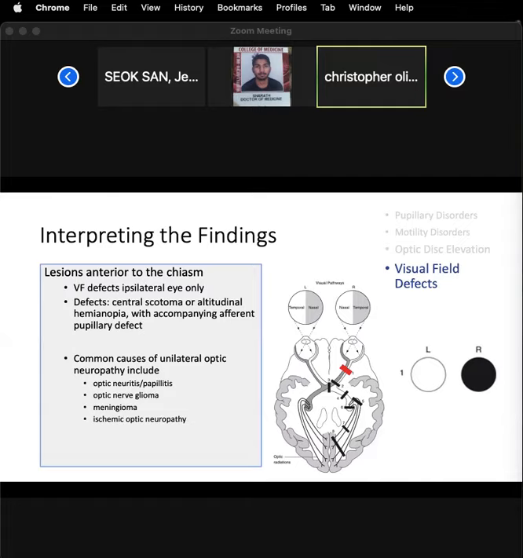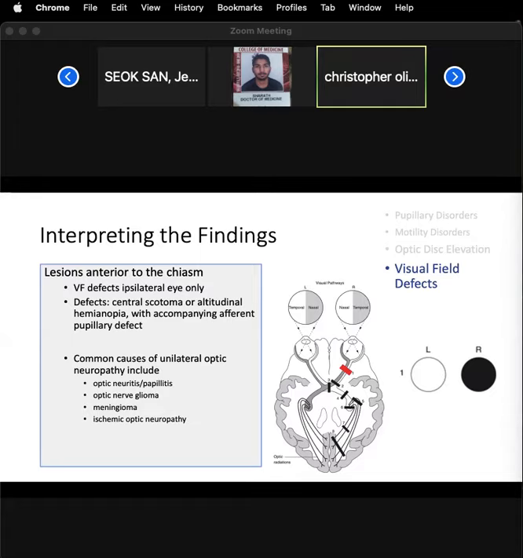So the patient will come in and say, I have blurring of vision. I have a problem with my eye. So you do the confrontation, and you see a positive blind spot or scotoma.